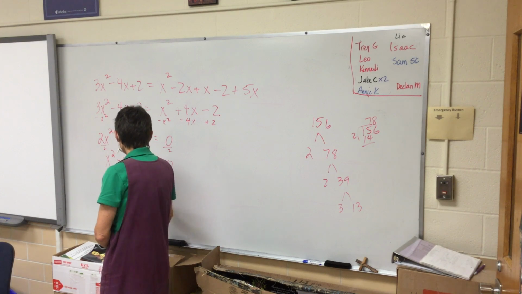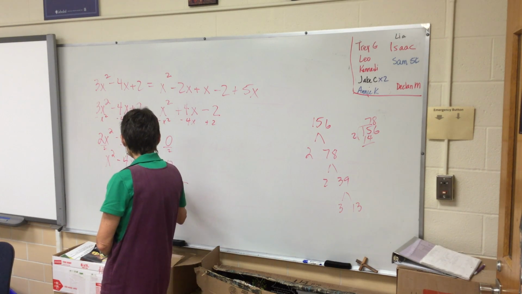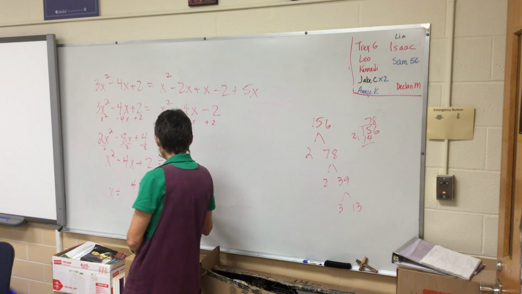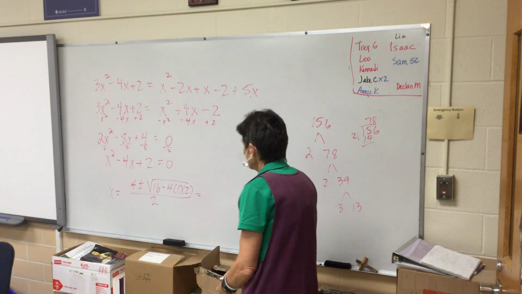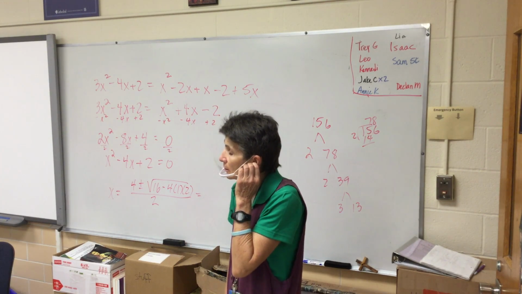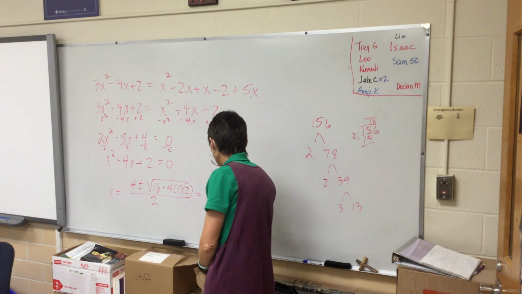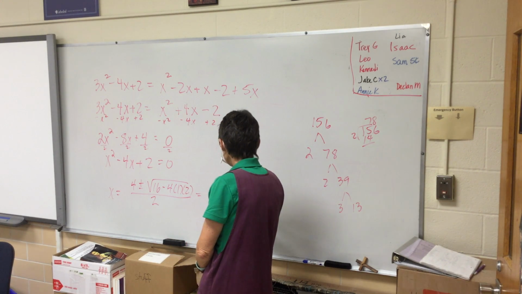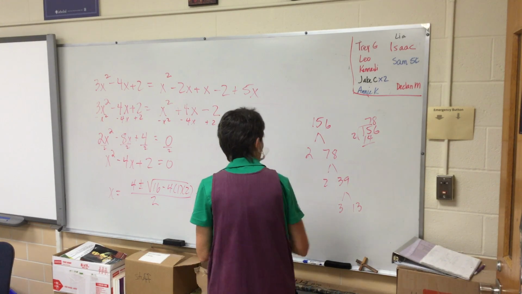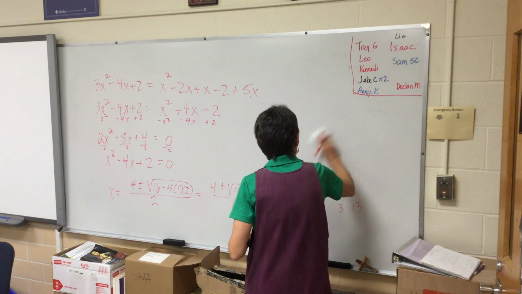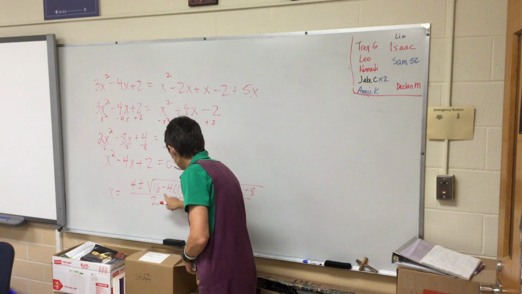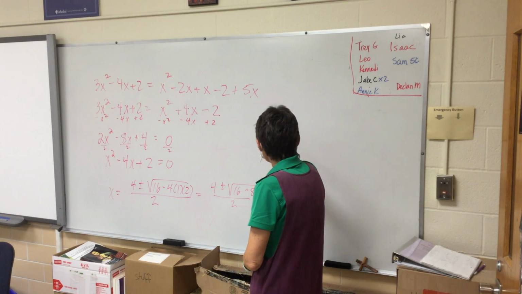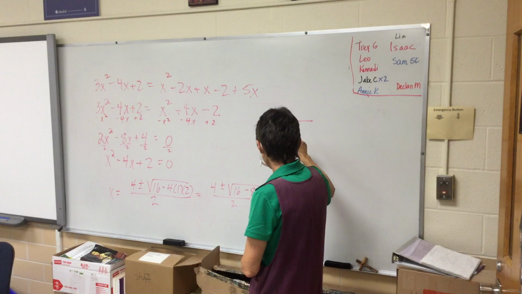Negative b plus or minus the square root of b squared minus 4ac all over 2a. Now this one is going to be a subtraction under there. It's going to be 16 minus 8. Because there's only one negative, so it's going to be subtraction. So I have 4 plus or minus the square root of 8.